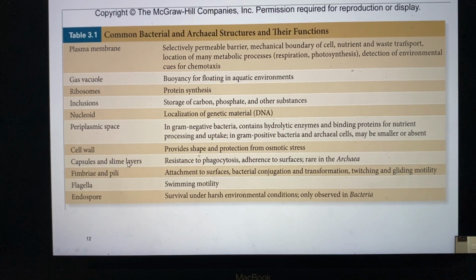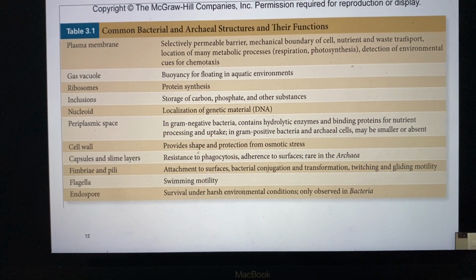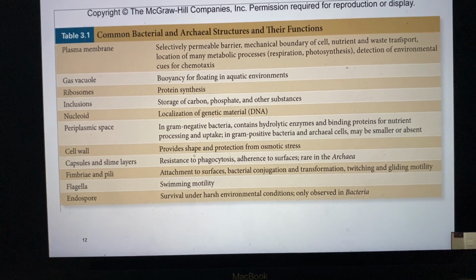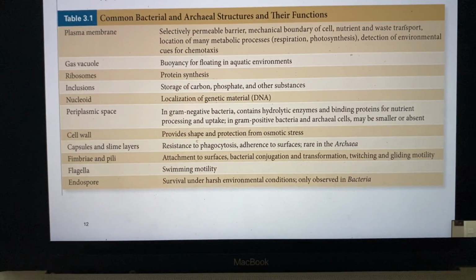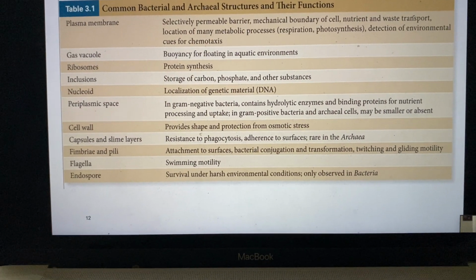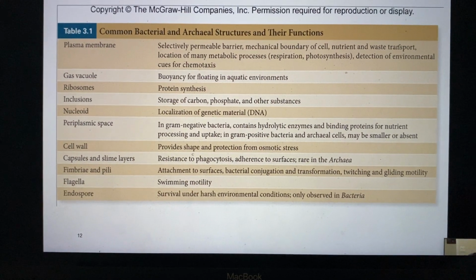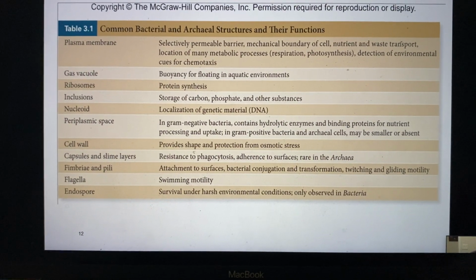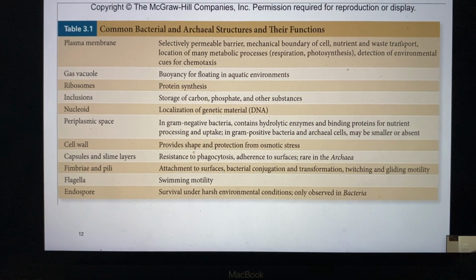There are capsules and slime layers in bacteria and archaea. In archaea, capsules and slime layers are rare, but they may be found on some of them. But this is a very important property or structure for bacteria, which helps them resist phagocytosis, because these bacteria are capable of causing diseases, and they have to get into the host, and the host has phagocytic cells.